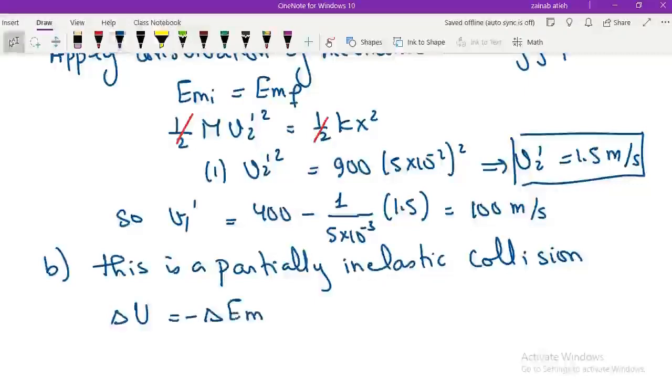That means if the collision is inelastic, we will lose kinetic energy or mechanical energy. The mechanical energy lost during a collision is transformed to other types of energy such as heat, deformation, sound. So we can say that the energy is transformed from our system to the surrounding environment. We can say that the mechanical energy is changed to internal energy.